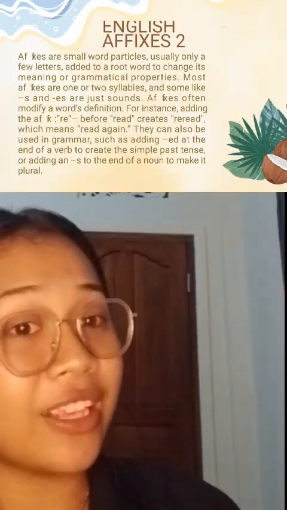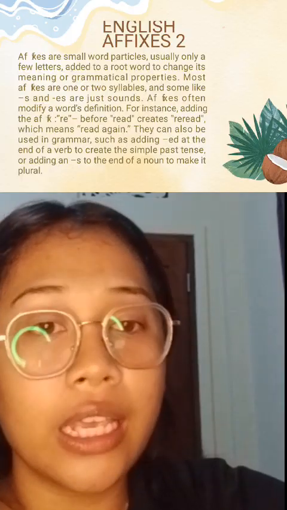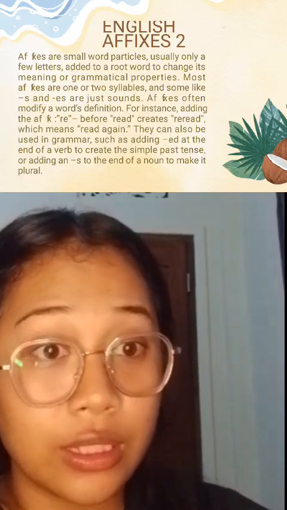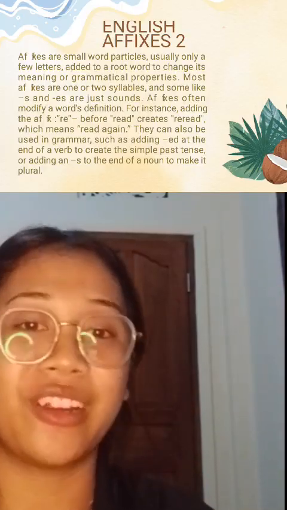Alright guys, so now I want to tell you about the definition of English affixes 2. Affixes are small word particles, usually only a few letters, added to a root word to change its meaning or grammatical properties.